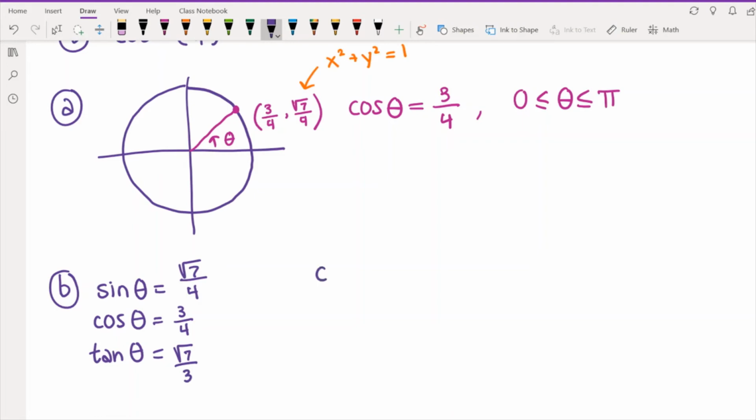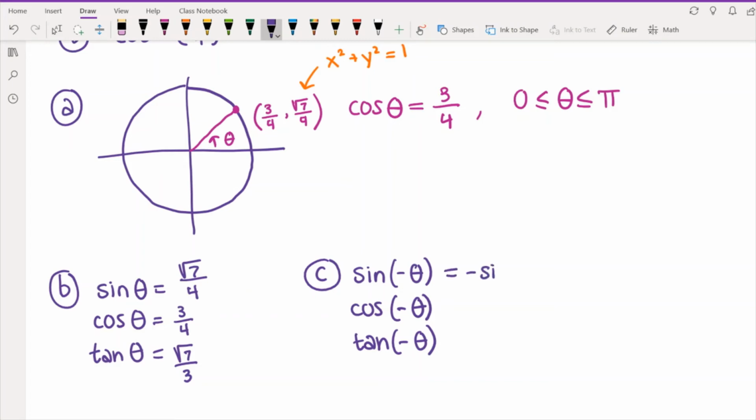Okay, so the next question is asking us to find sine, cosine, and tangent of negative theta. So there's a couple ways to do this. One is to be aware of the even and odd identities. So we know that sine is an odd function.